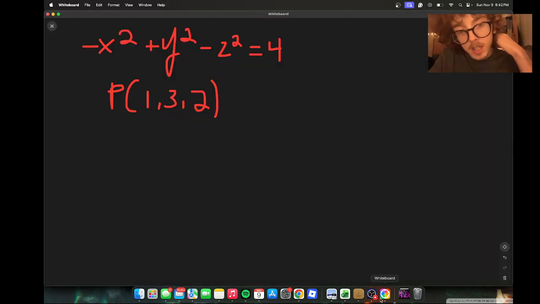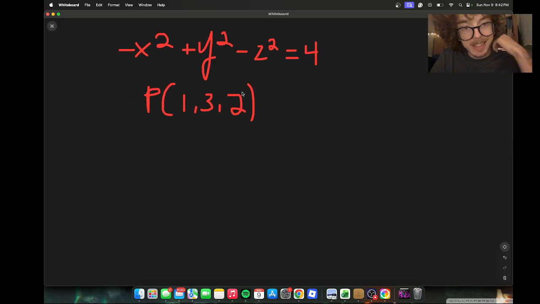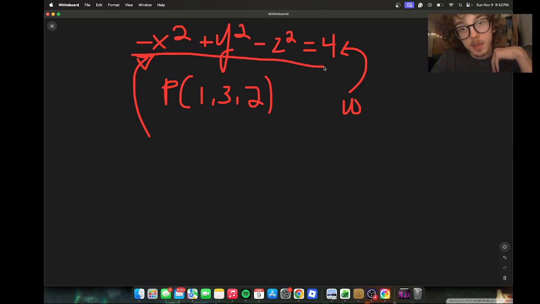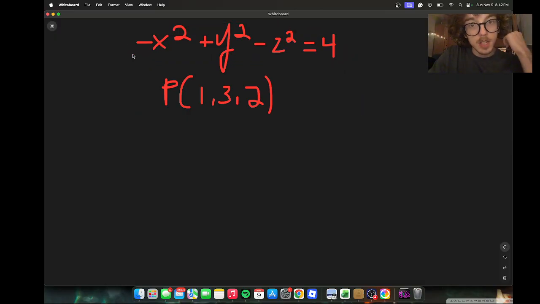So let's go ahead and do that. We're going to pretend that this is a 4D function. And to do so, we're going to call this, let's say, a W as a placeholder, dummy variable, so that this whole thing becomes a level curve. Okay, so we're taking this 3D two-sheet hyperboloid function, turning it into a 4D thing, and this will represent a level curve.